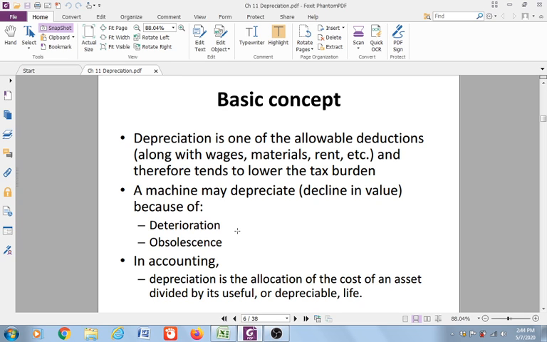So depreciation is a tax deduction, and it is a decline in value of an asset, and the decline in value is caused by two things: number one, deterioration, and number two, because the asset is already obsolete.